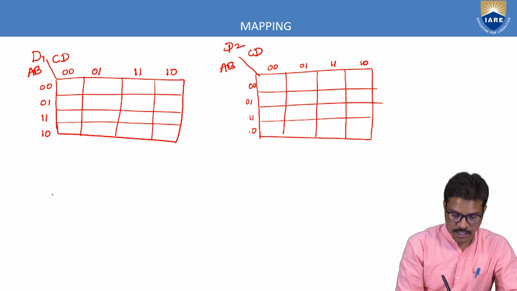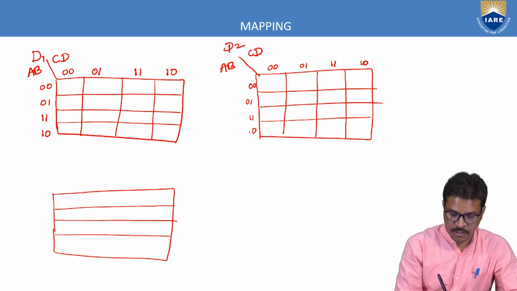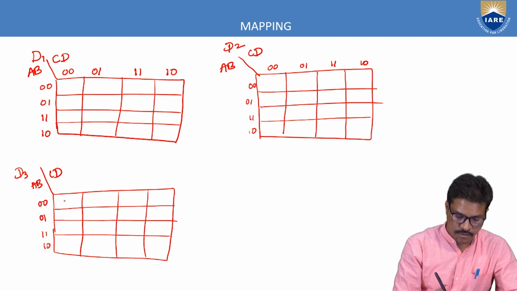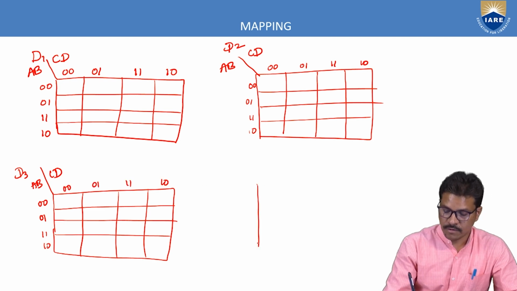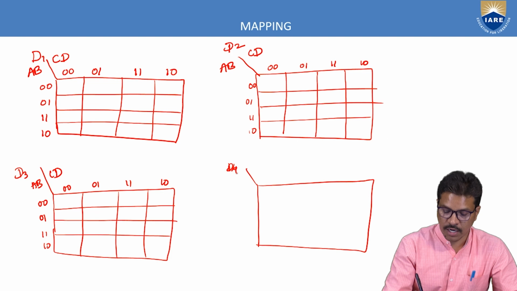Likewise we can create for D3, A, B, C, D, 0, 0, 0, 1, 1, 1, 1, 0. Likewise we can create 4 K-maps for the 4 D flip-flop data inputs.